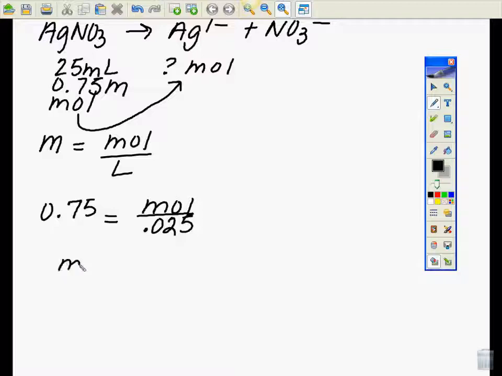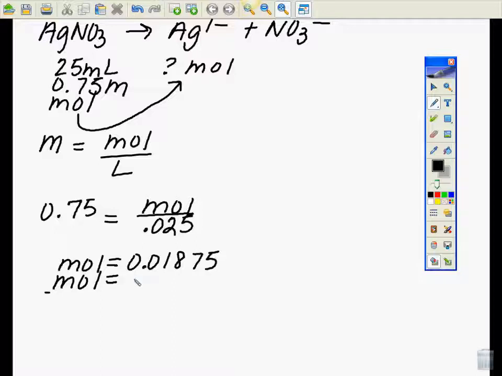Okay, and so now to get the number of moles, I multiply those two numbers, because this is a multiplication problem now. So the number of moles is equal to 0.01875, the calculator answer. Of course, we need to figure out the sig fig answer.